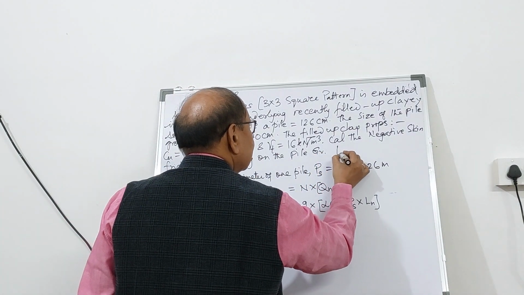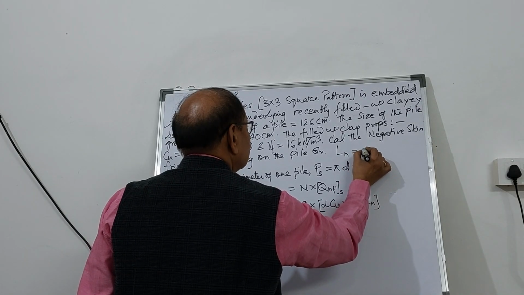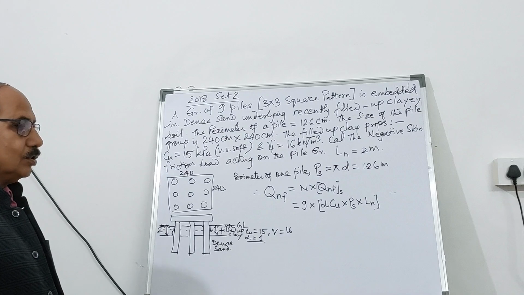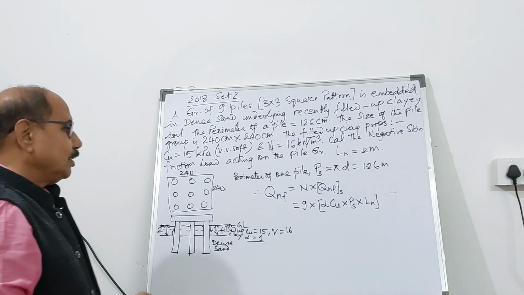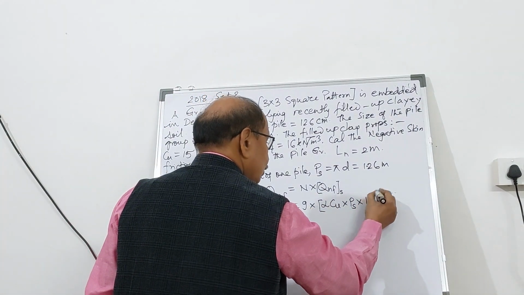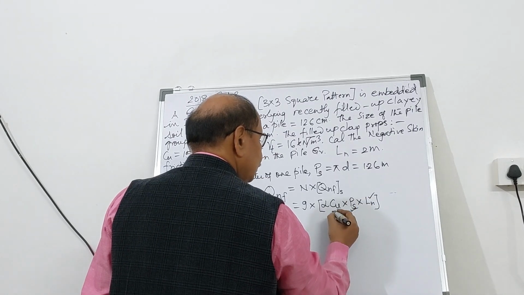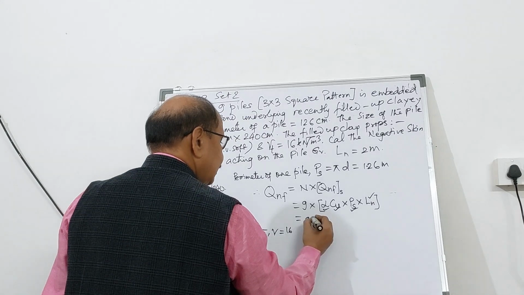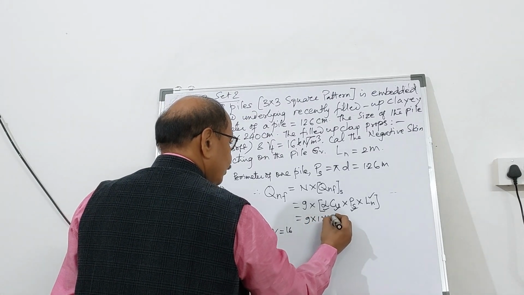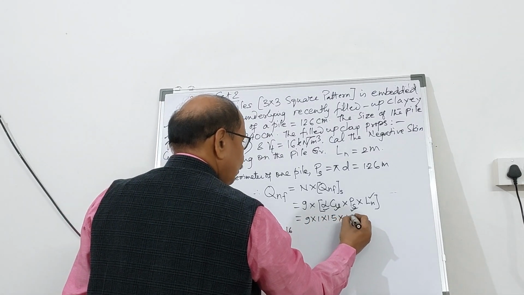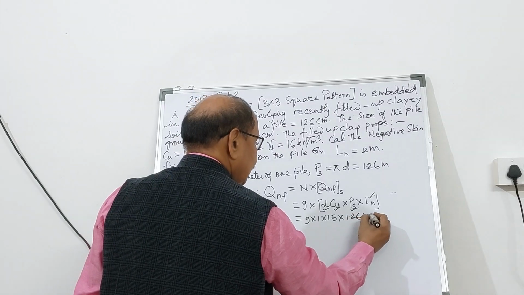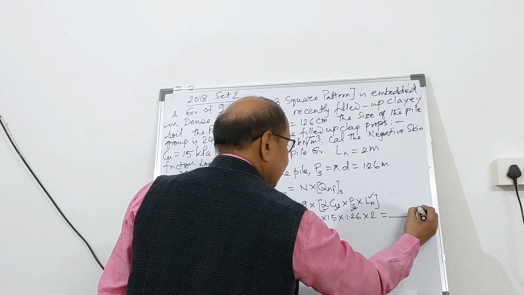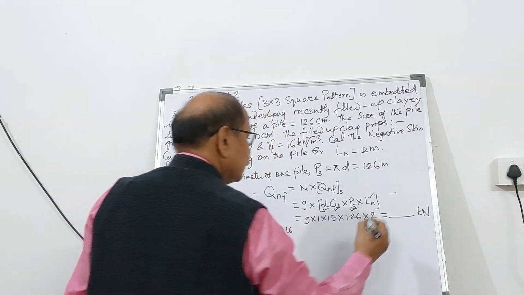So here ln equal to 2 meter. So if you know it, this is known to you, this is known to you, this is known to you, this is known to you. Therefore, 9 into 1 into 15 into 1.26 multiplied by 2, you calculate this and you get the answer in kilonewton.